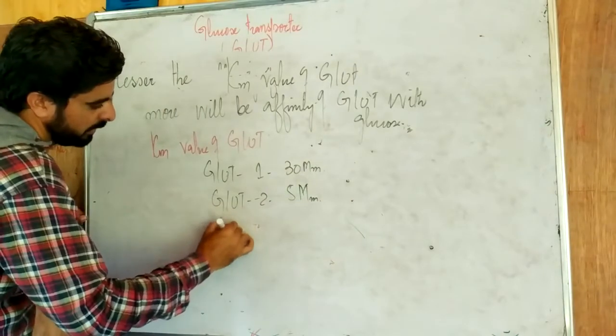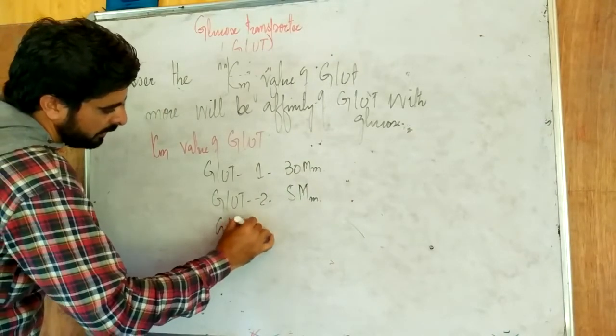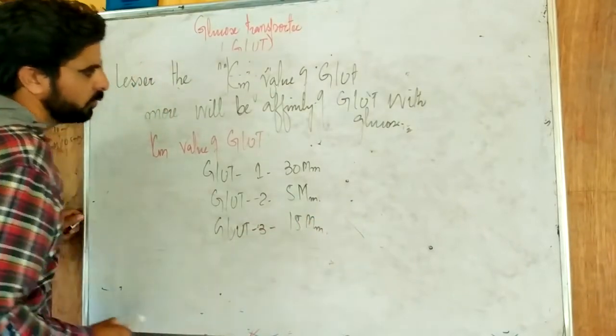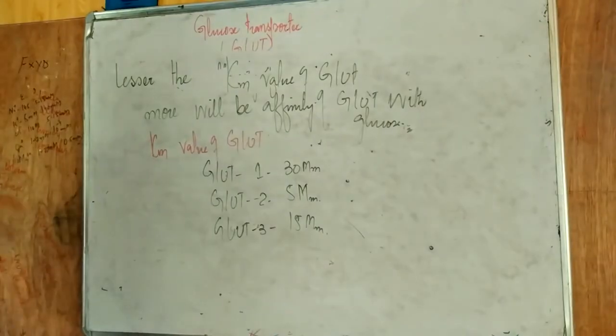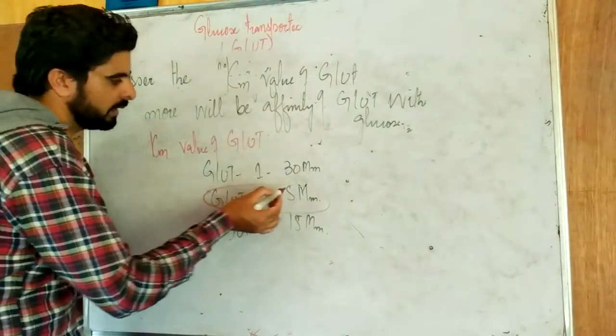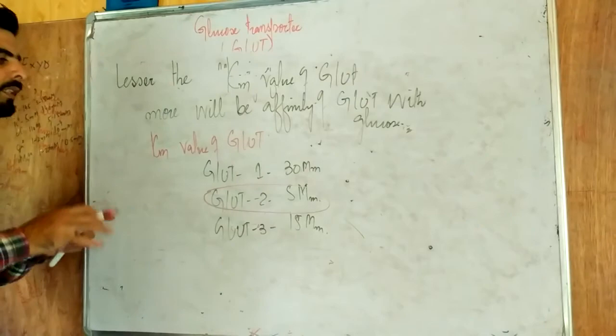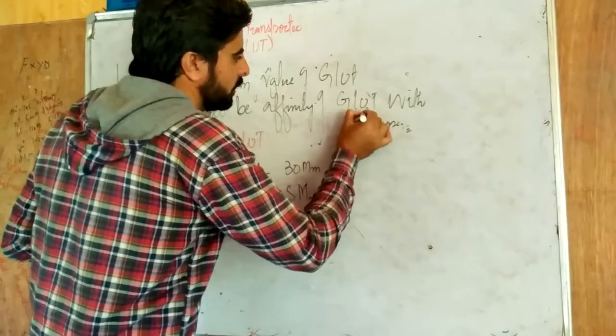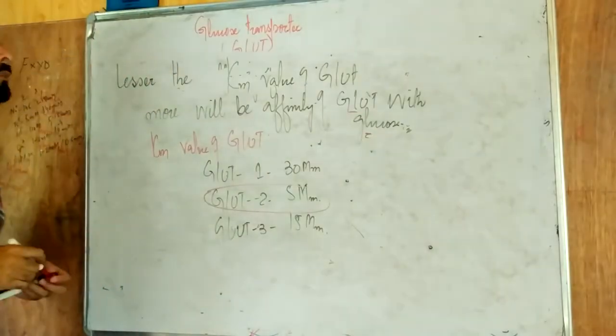Then the third GLUT has a Km value of 15 millimolar. So which GLUT has the more affinity with glucose? The answer will be the second one, because the Km value here is less. Lesser the Km value, more will be the affinity of GLUT with glucose. So this you have to keep in mind.